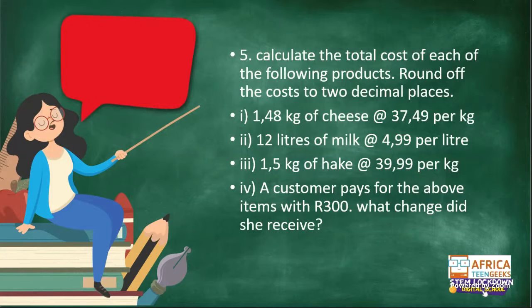Right, I'm just going to repeat. Calculate the total cost of each of the following products. Round off the cost to 2 decimal places. So you must round off the cost to 2 decimal places. When you work with money, it's very important to round off to 2 decimal places.